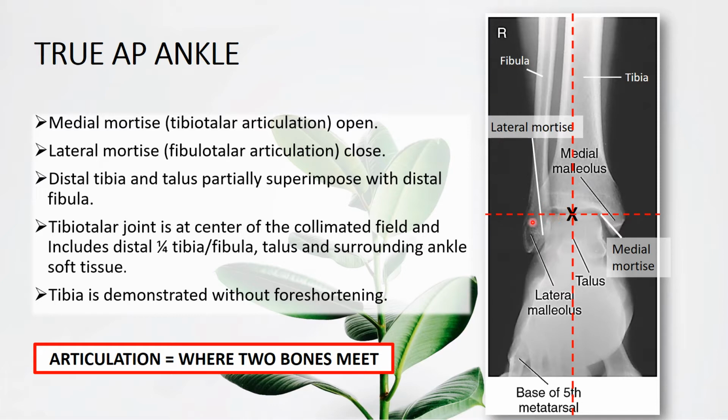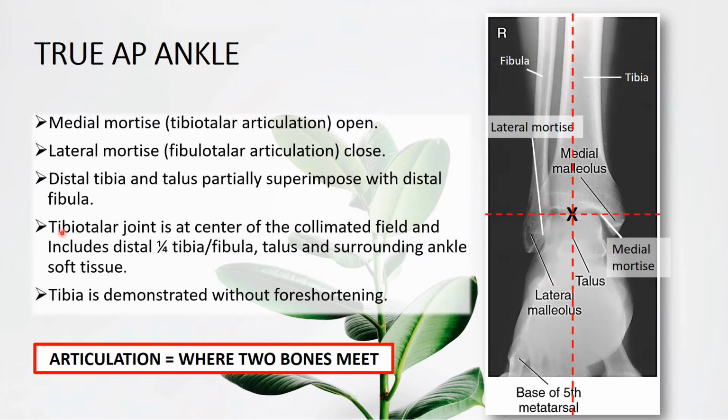For the third point, the distal tibia and talus are partially superimposed with the distal fibula. This is the distal tibia, and this is the talus, superimposed with the distal fibula here. This is the superimposition.